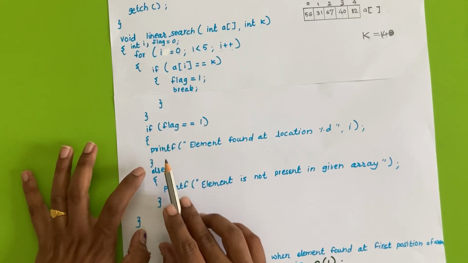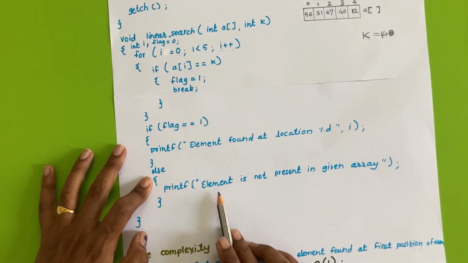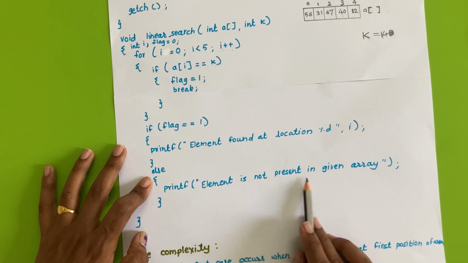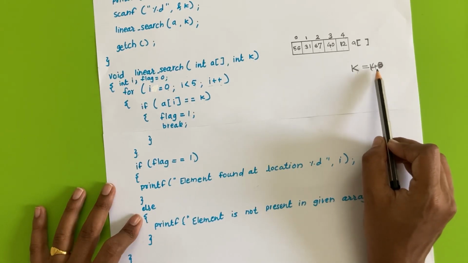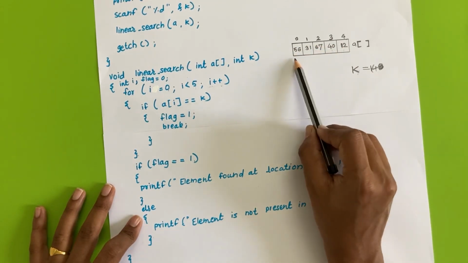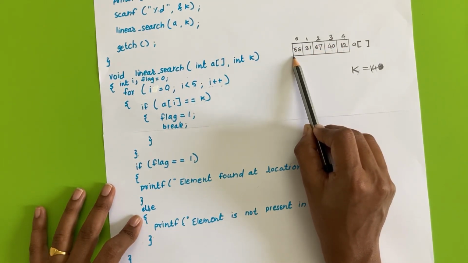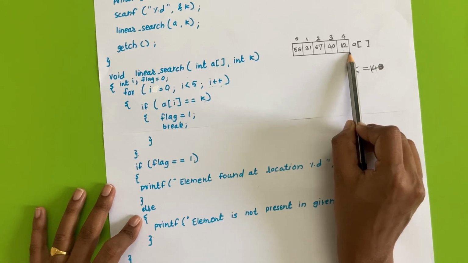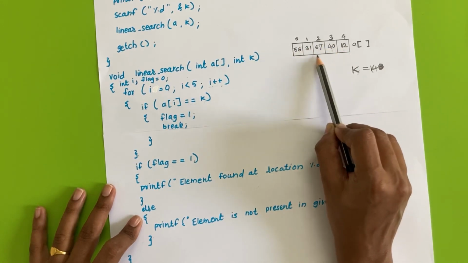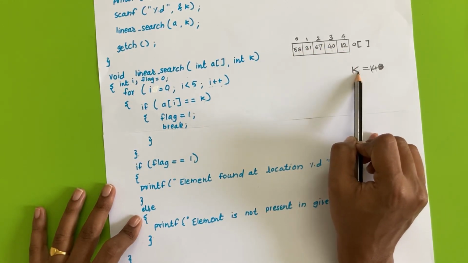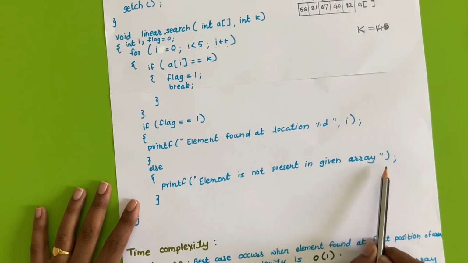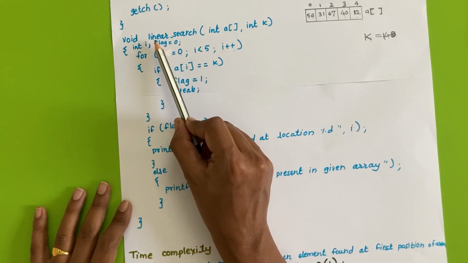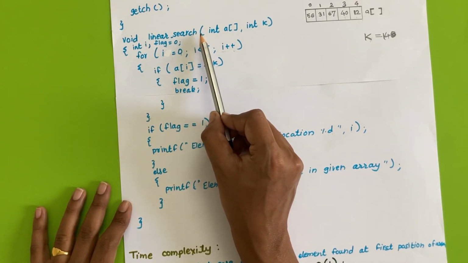So it will go to the else part, and here it will print "element is not present in the given array", because we have the searching element k equal to 14, and we have compared from the start of the array to the end of the array, but we haven't found the searching element in the array. So it will print element is not present in the array.